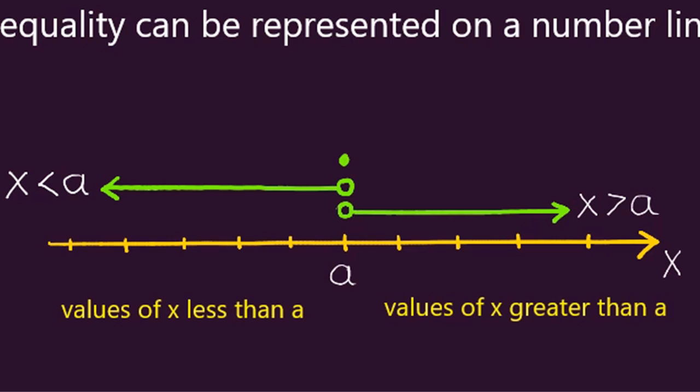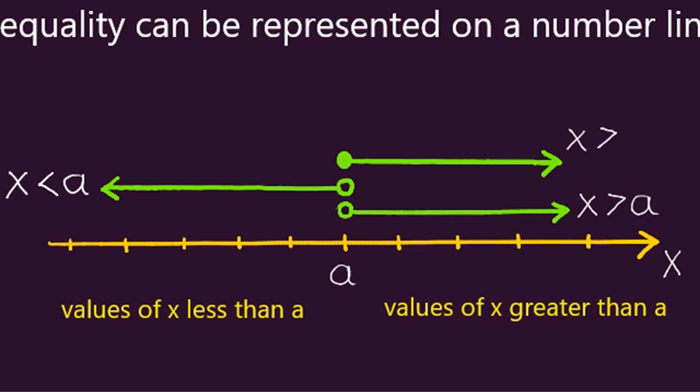We can also have this representation of our inequality. In this case, these are values of X that are greater than A, but you can see right here that the circle is shaded on A. That means that A is included within the set of values that satisfy this inequality.